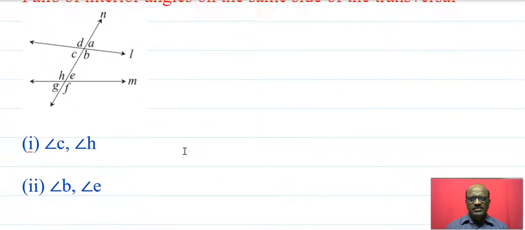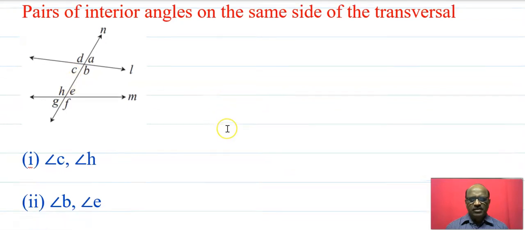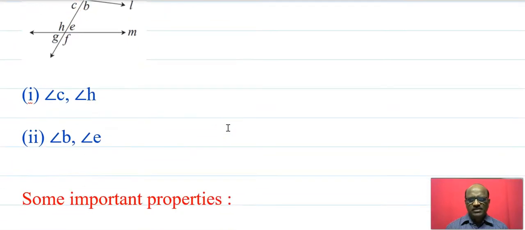Now the next, the pairs of interior angles on the same side of the transversal: angle B and angle E, angle C and angle H. These are the pairs on the same side of the transversal.